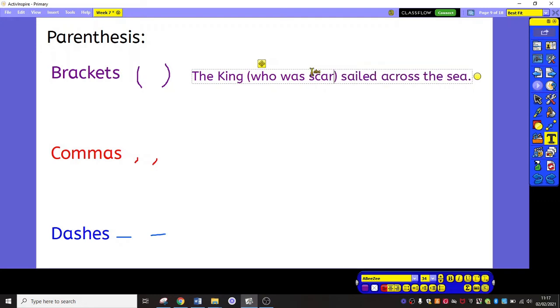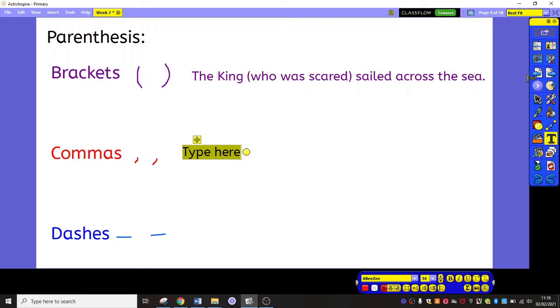Probably not. So I might change that to a feeling. So the king, who was scared, sailed across the sea. We use commas for information that is of the same importance. It helps with the level of detail that I'm trying to add.